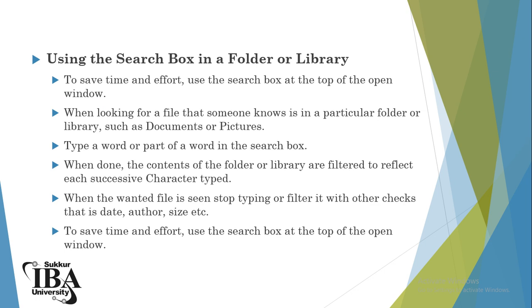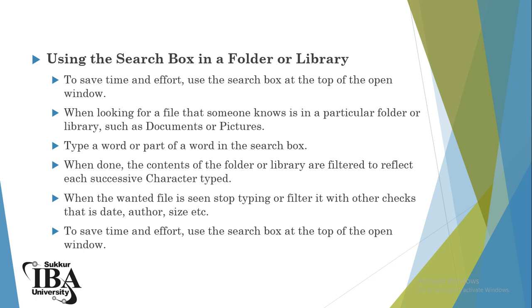Using the search box in a folder or library: to save time and effort, use the search box at the top of the open window. When looking for a file that someone knows is in a particular folder or library, such as documents or pictures, type a word or part of a word in the search box. Then the contents of the folder or library are filtered to reflect each successive character typed.